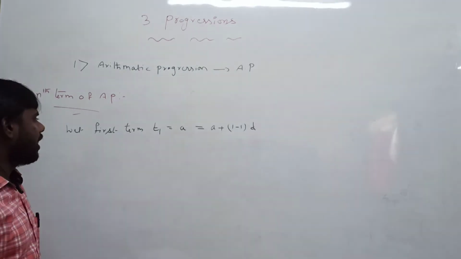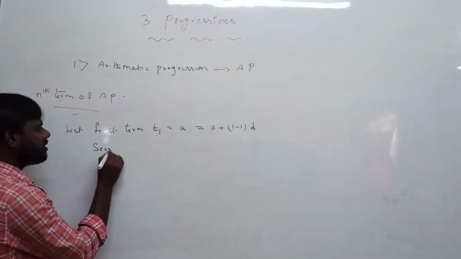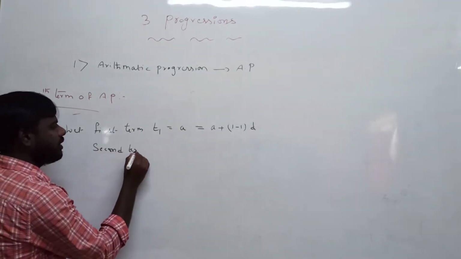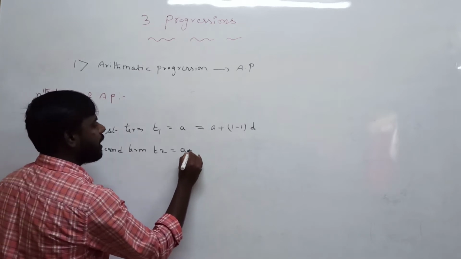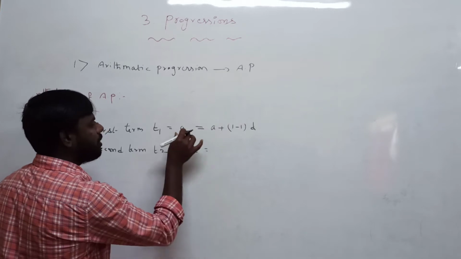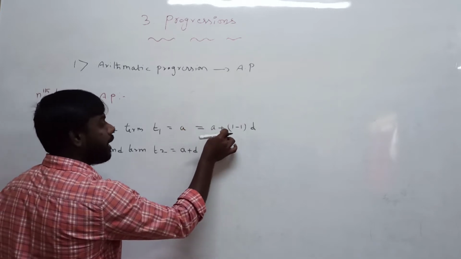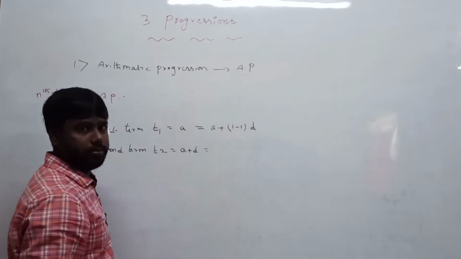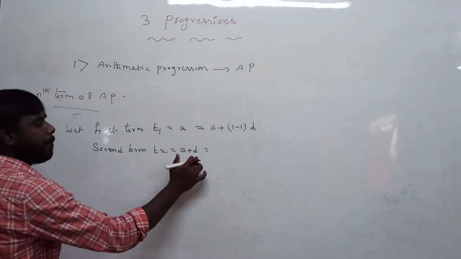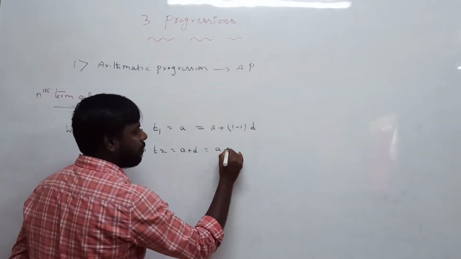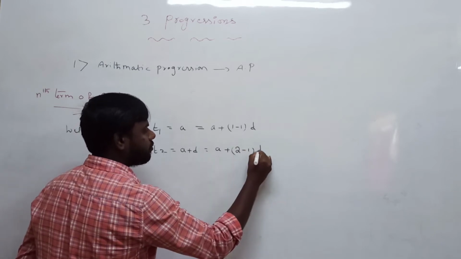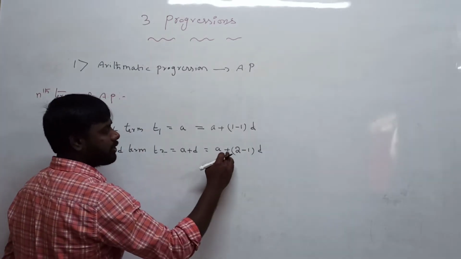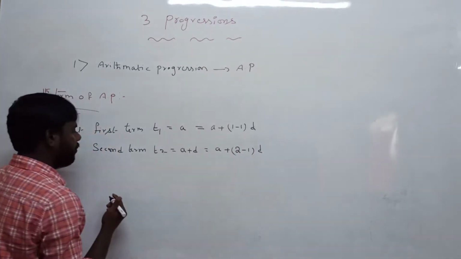Next is the second term. The second term can be written as a plus d. The first term is a, which can be written as a plus (1 minus 1) into d. The second term is a plus d, which can be written as a plus (2 minus 1) into d.